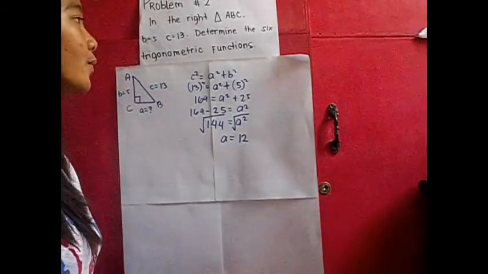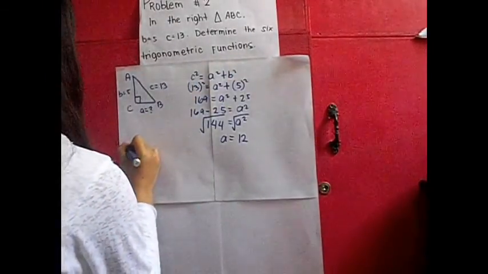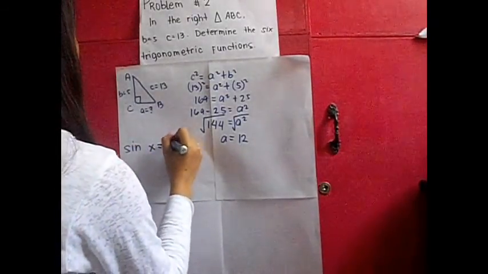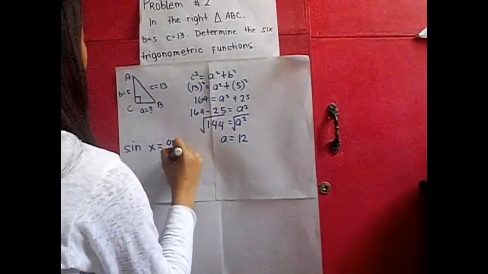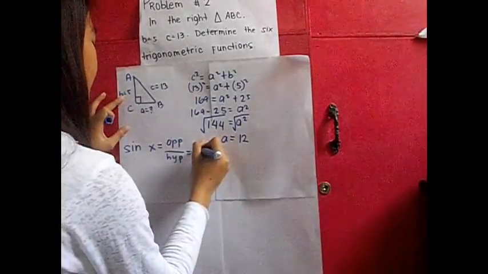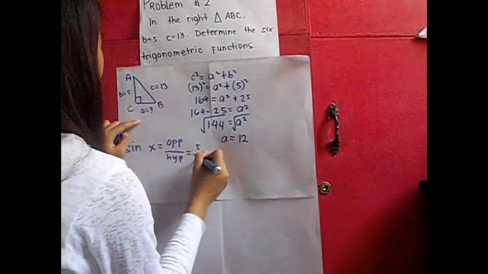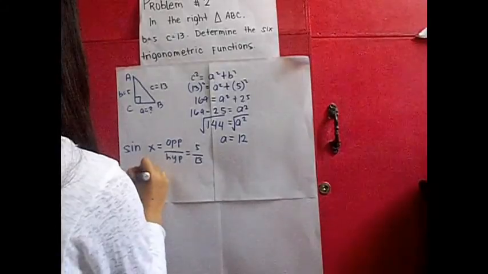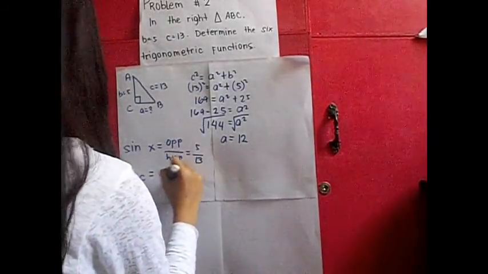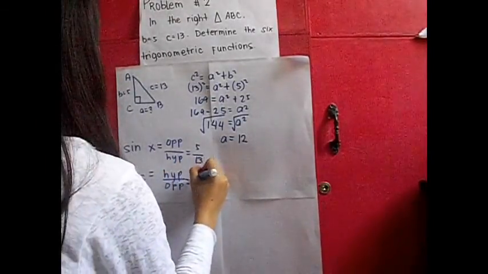Now, determine the six trigonometric functions. The first one is the sine x equals opposite over hypotenuse. Our opposite is equal to 5 and the hypotenuse is equal to 13. The cosecant is equal to hypotenuse over opposite, which is 13 over 5.